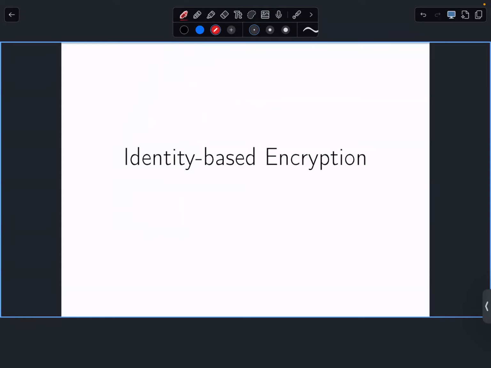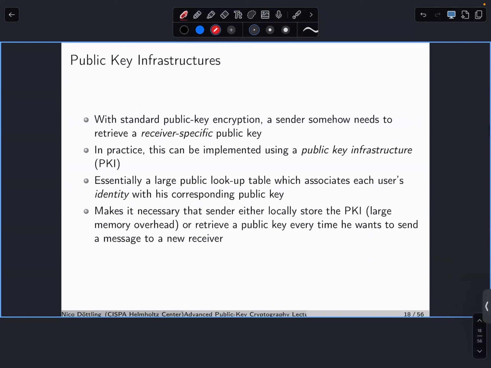Syntactically, it was always the same: just a public key encryption scheme with a keygen, enc, and dec mechanism, something that didn't give us any more flexibility. And now we're at this concept of identity-based encryption.